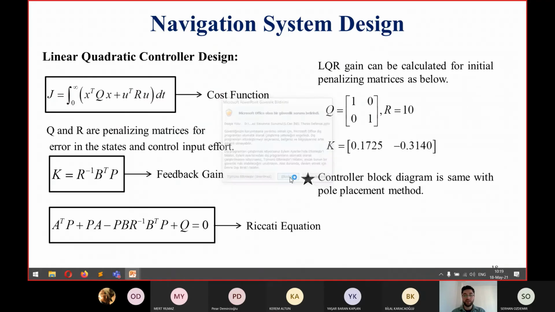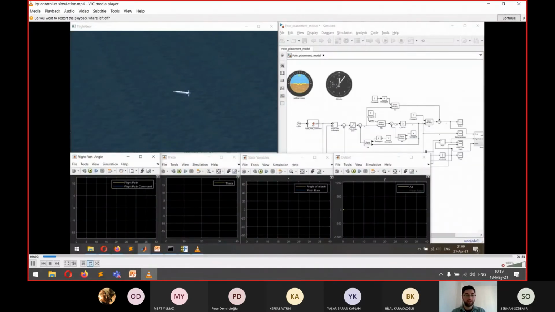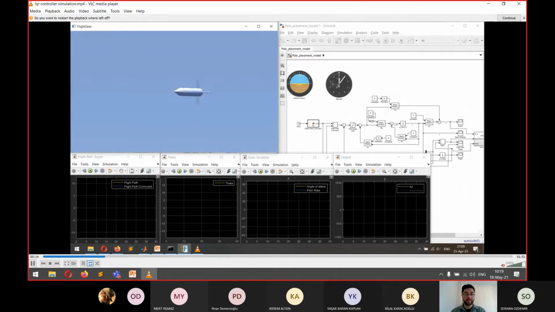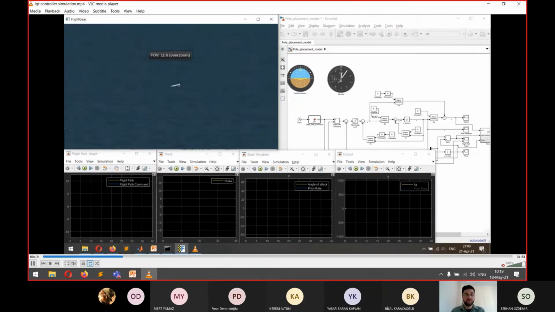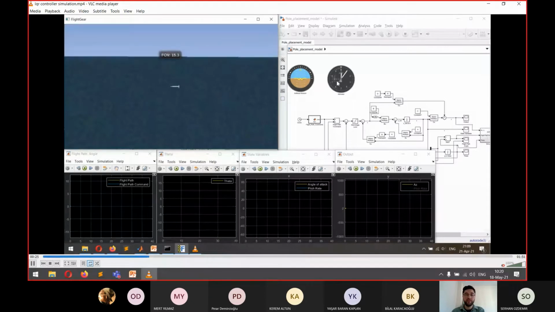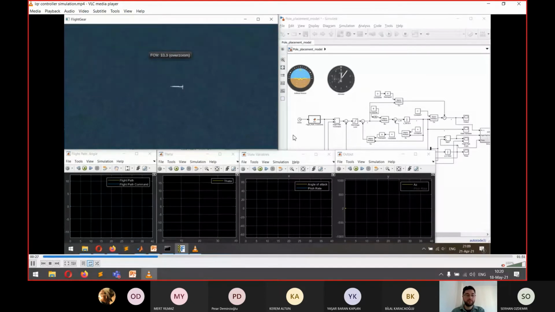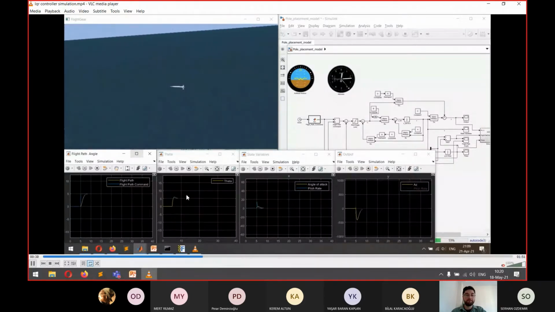Let me show you the simulation of the LQR controller. You can also observe from the motion in here, from the indicator here. Yes, it's ascending.